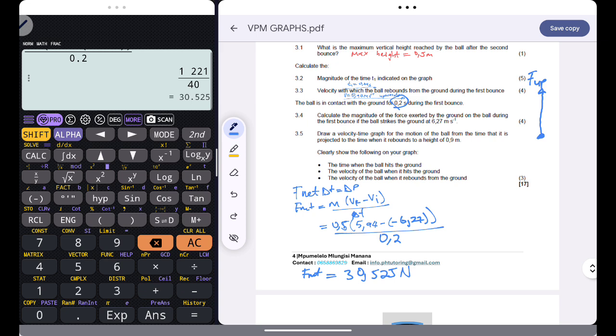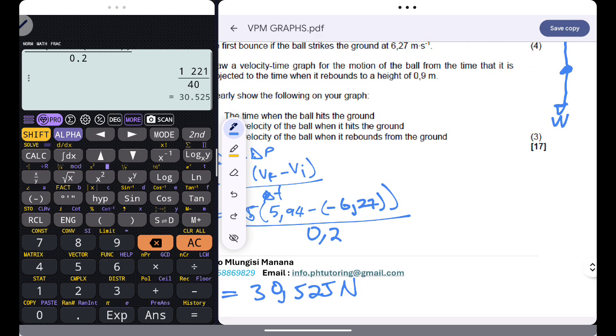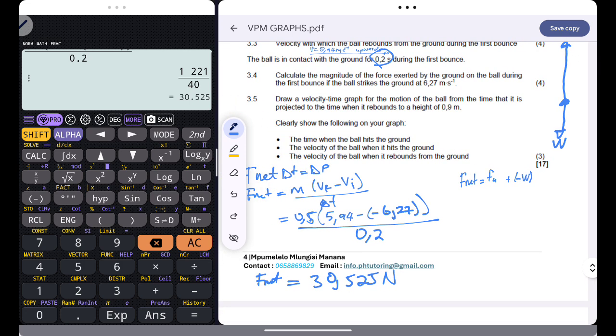And then since the ball is in the universe, it will always experience a gravitational force. All right, together. So now I do know the value of F net. F net will be equal to the upwards force plus the negative gravitational force. Remember that we said up is positive. So the upwards force has to be positive and our weight has to be negative, right?